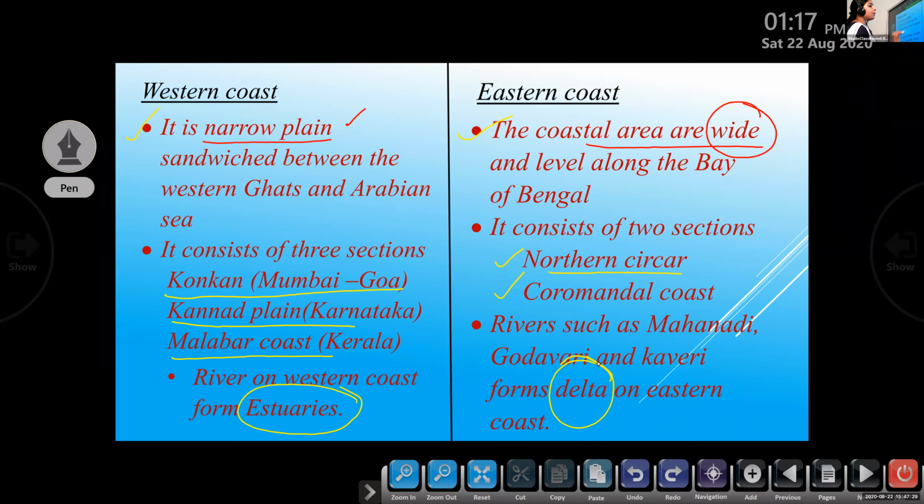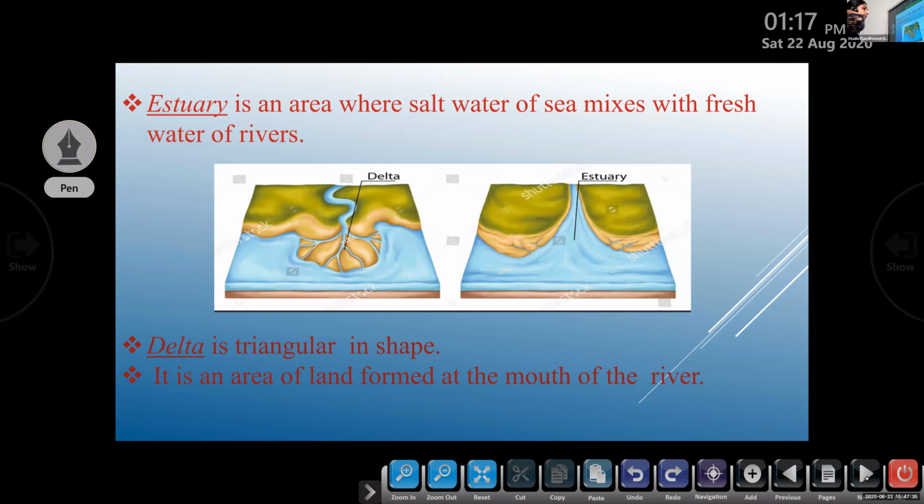Then let us see what is the difference between delta and estuaries. This picture is clear? First picture shows what is delta. What is delta? It's a triangular shape land. See the shape of this land, triangular shape. How it is formed? Deltas are formed. It's an area of land formed at the mouth of the river.